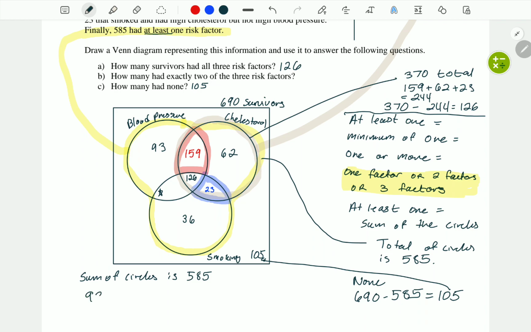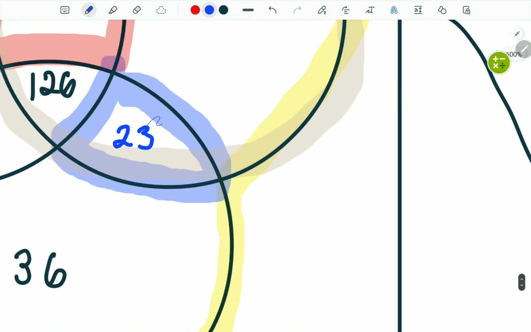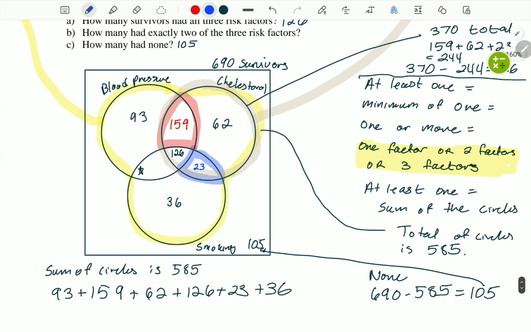So we're going to add 93 with 159, with 62, 126, 23, and 36. I want to rewrite that 23. It looks like a 25 to me from far away. That should be better.